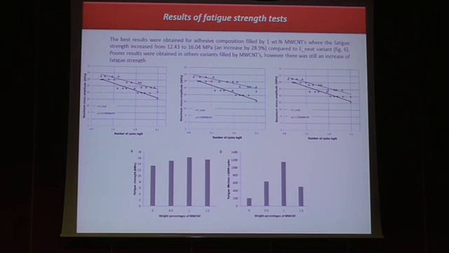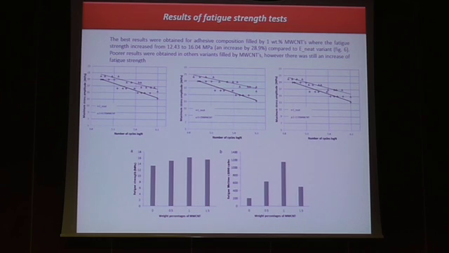And here we can see examples of results of our fatigue research. In every variant, we confirmed that it is possible to improve both fatigue strength and fatigue lifetime for adhesive joints filled by multiwall carbon nanotubes.